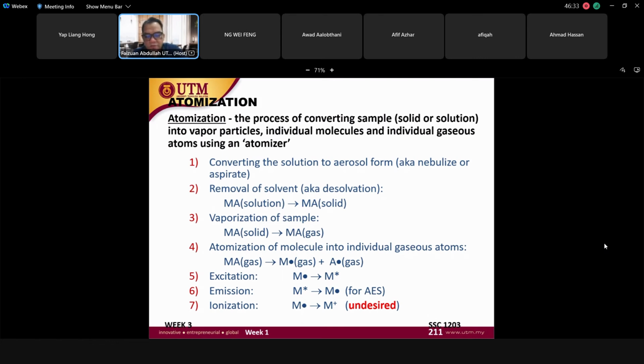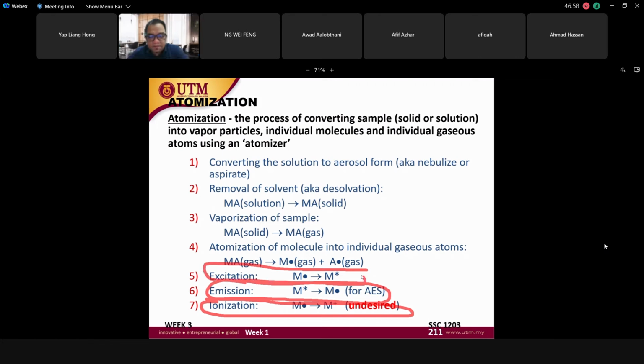Individual atoms, so that the excitation state happens, and the emission state is only measured for the AES instrument, not AAS. And ionization needs higher energy, but we don't want ionization to happen undesirably. We just need the excitation of the atom. This is where AAS measures the analyte.